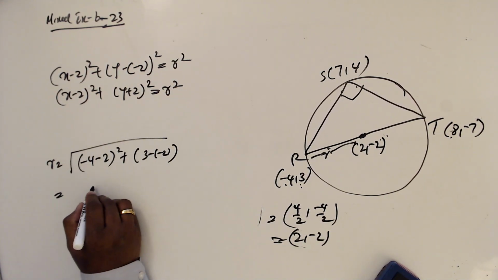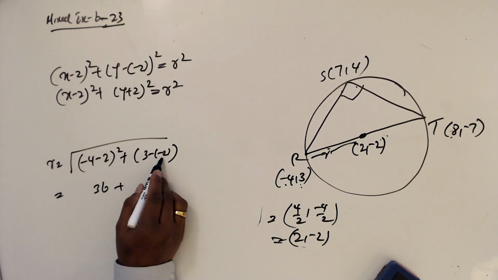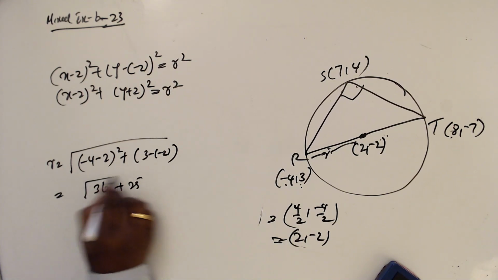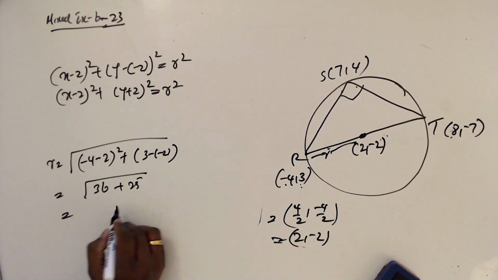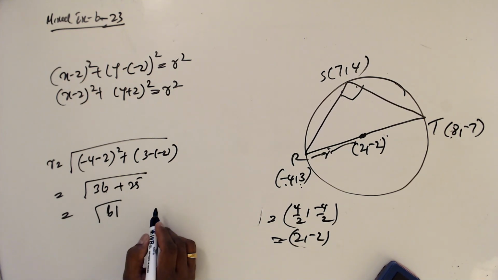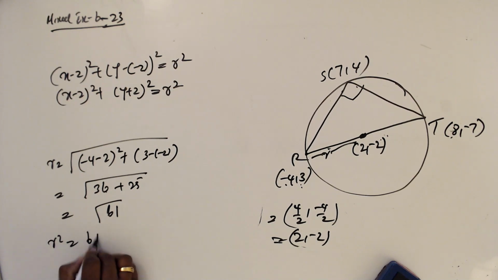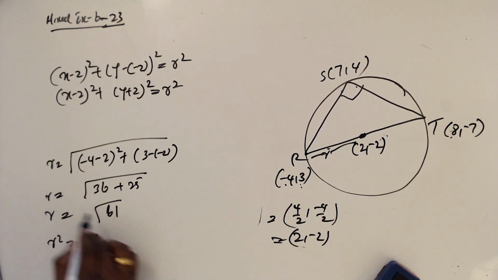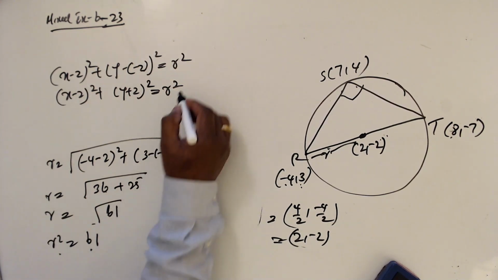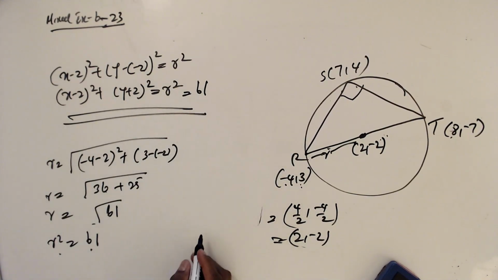This is going to be minus 6 squared, 36, and this is plus 5 squared, 25. This is 61. So r squared equals 61, r equals square root 61. So the equation of the circle.